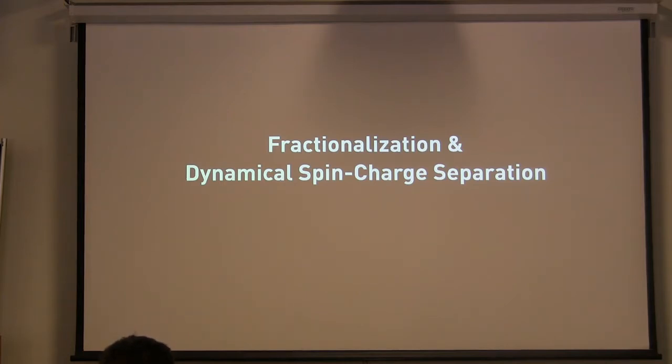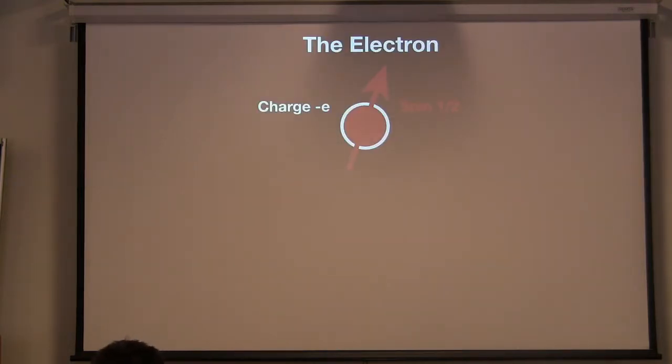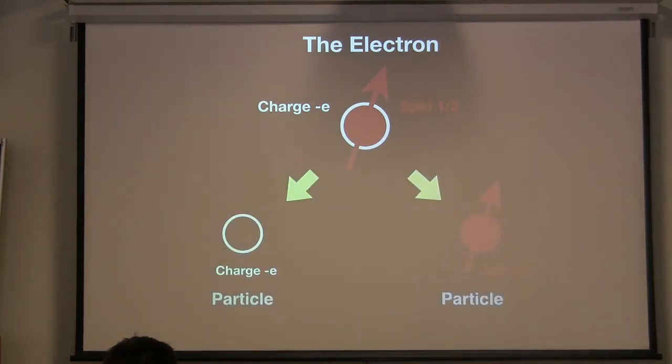Okay, so let's go now to this fundamental topic that Thierry introduced you to about spin-charge fractionalization. So let's do a dynamic experiment where we really ask, can we decompose an elementary particle like the electron into its quantum numbers. So in free space, we take an electron with charge -e, spin 1/2, and we ask, can we make out of that two particles, one which carries just the charge quantum number, and another particle which carries just the spin.